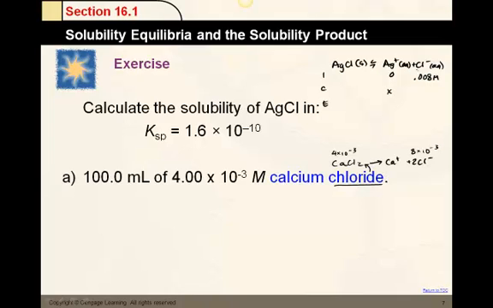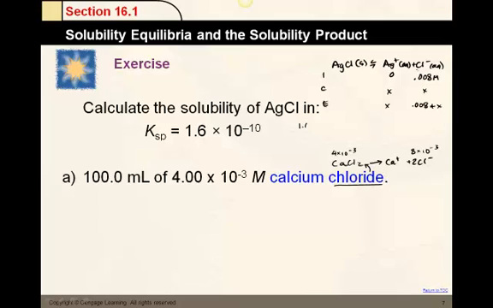Of course, in this case, we are adding something. We don't know what, and subtracting it from AgCl, but since it's a solid, it doesn't matter. So we have X, and we have 0.008 plus X. And silver chloride, of course, has a Ksp of 1.6 times 10 to the negative 10.